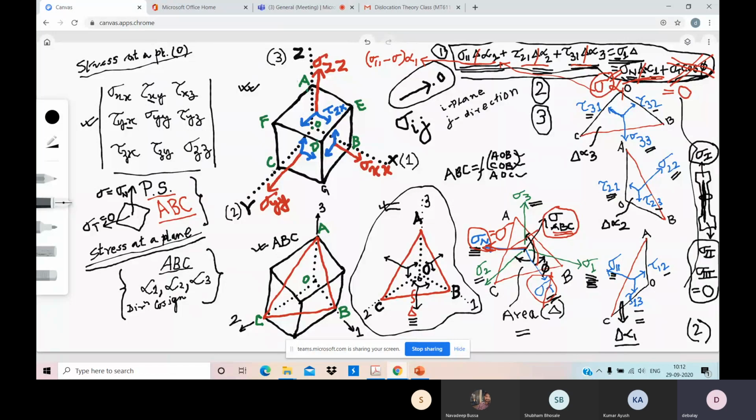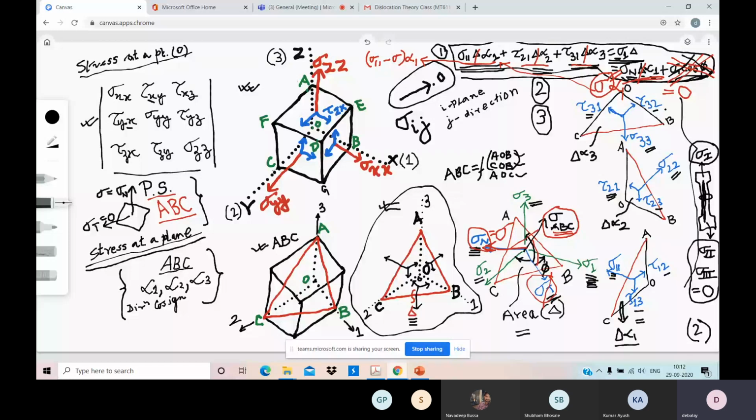So if the plane is a principal plane where there is no shear stress, then the shear term cancels out. We crossed out the shear terms and made that 0. So now the entire stress that is acting is normal stress. So we can write sigma n equal to sigma. Basically, the stress acting on that plane is perpendicular to the plane, along the plane normal.